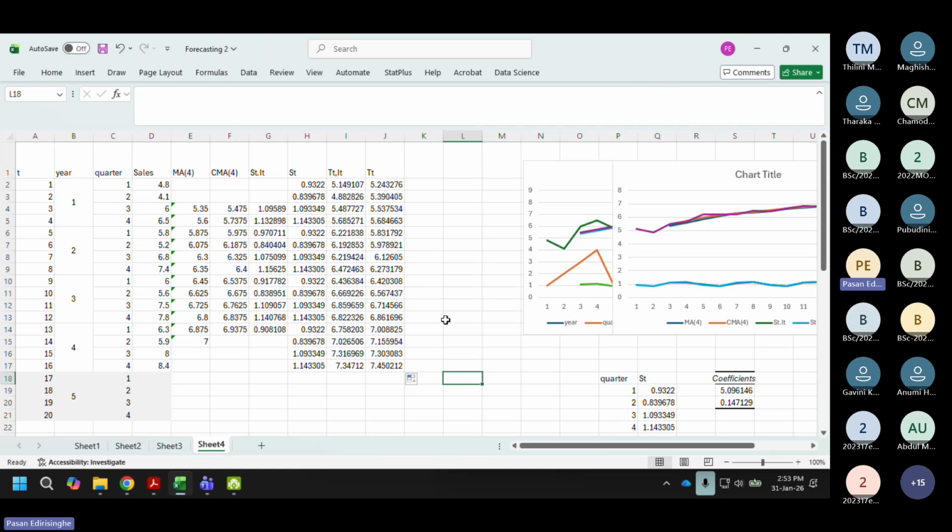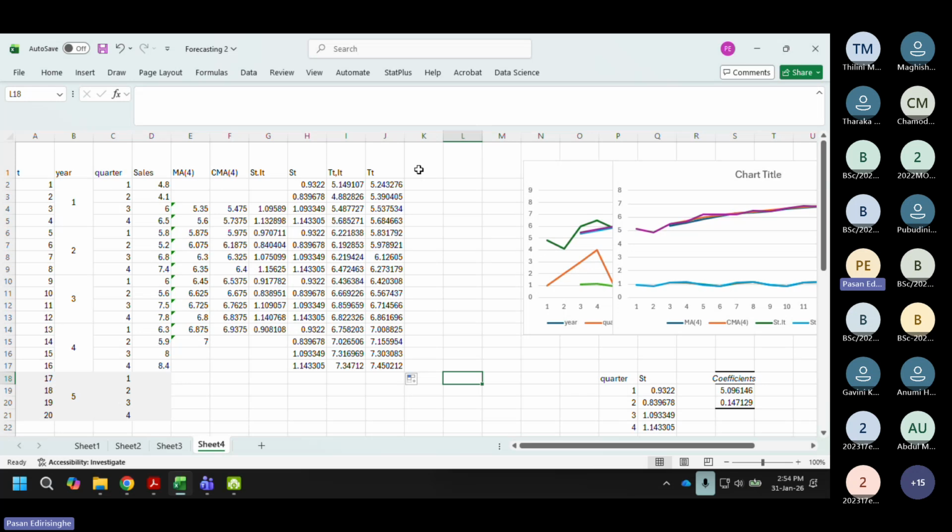So to remove that irregular part, right? Basically now the irregular part is removed, right?